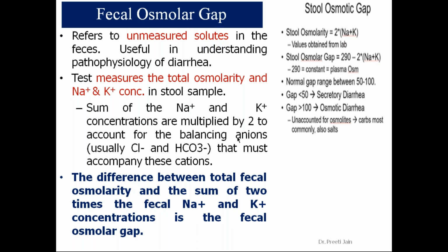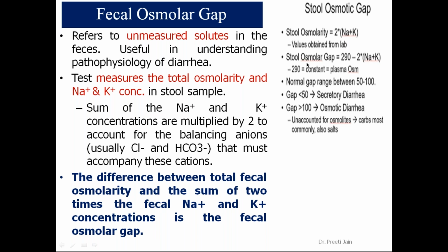So to account for the balancing anions. Why multiply by 2? Because for the cations there will be an equal number of anions, right? The difference between the total fecal osmolarity and 2 times the sum of fecal sodium and potassium is the fecal osmolar gap.